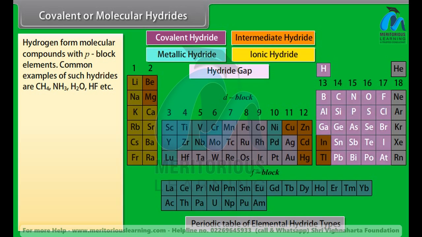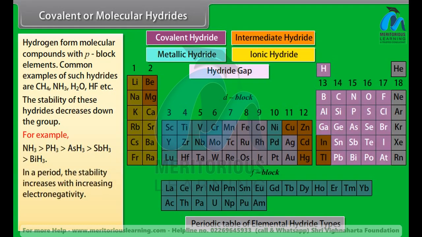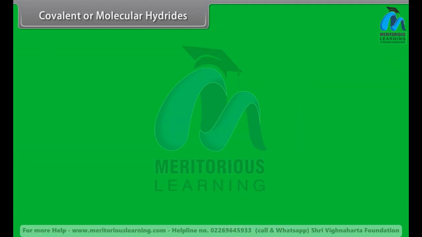Common examples of such hydrides are CH4, NH3, H2O, HF, etc. The stability of these hydrides decreases down the group. In a period, the stability increases with increasing electronegativity.